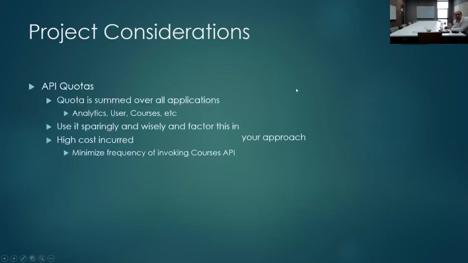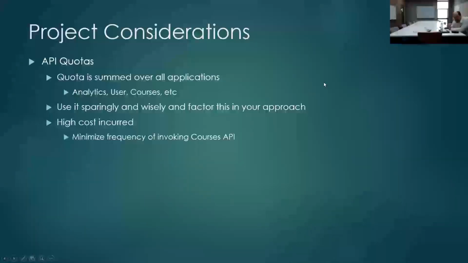When we started off, we had a few considerations. In our previous integration project, we saw how important quotas were. We learned that quotas were summed across all our applications. We have quite a few applications running at Curtin, and as time moved on, we actually came very close to reaching that quota limit because there were inherent inefficiencies in the course loader. That's quite a cost to bear.